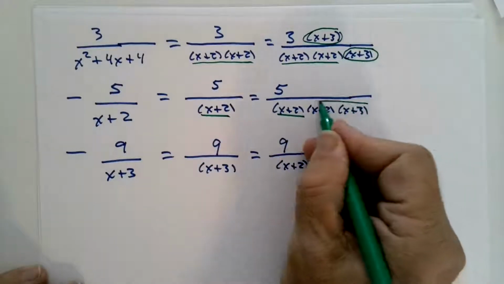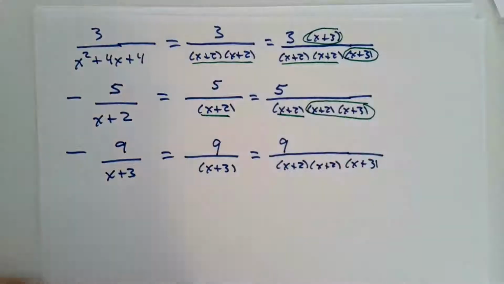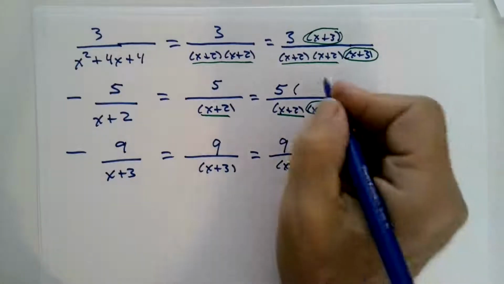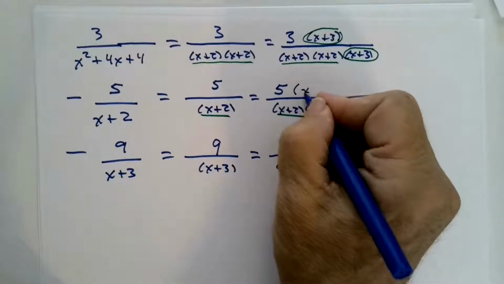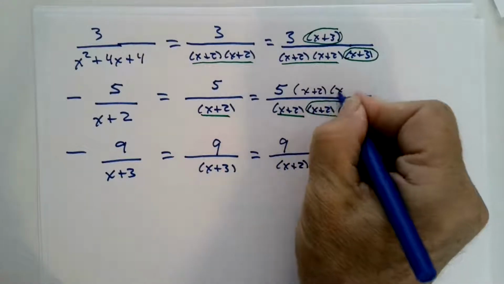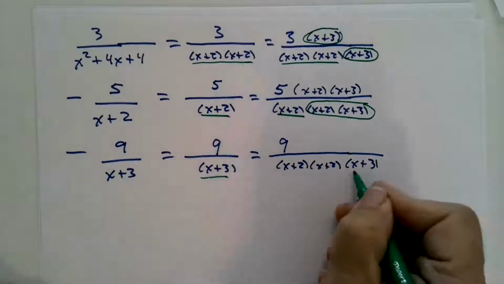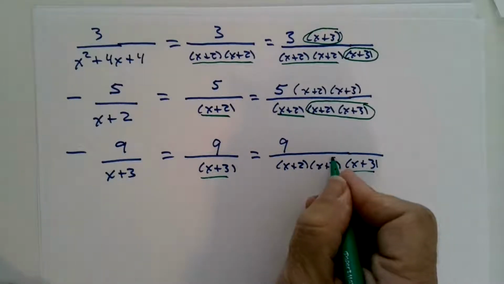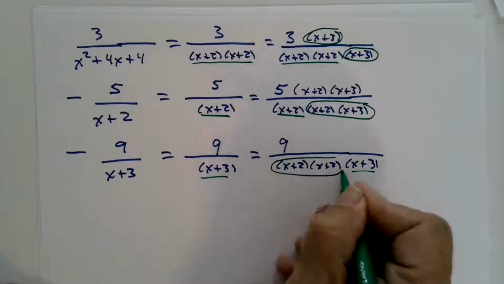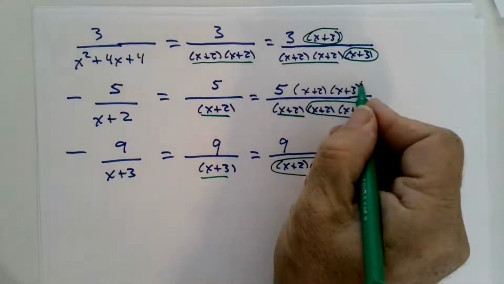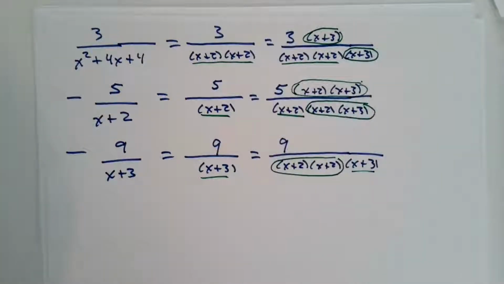So both x plus 2 and x plus 3 are new, so we'll multiply them into the numerator. And then on the bottom, x plus 3 was there before. So both x plus 2 and x plus 2 are new. So we'll have x plus 2 times x plus 2 multiplied in the top to give us equivalent fractions.